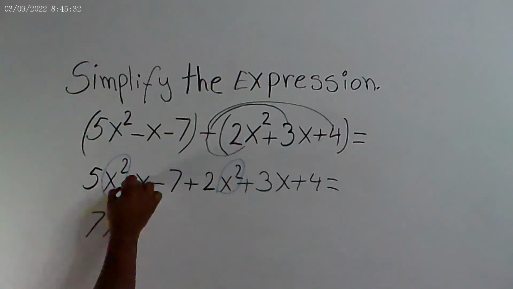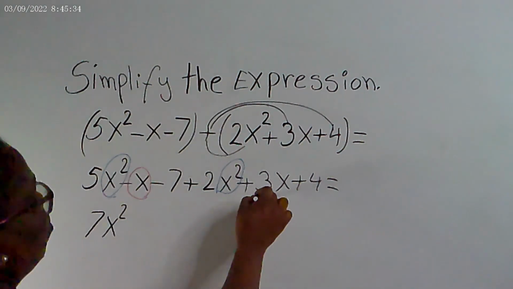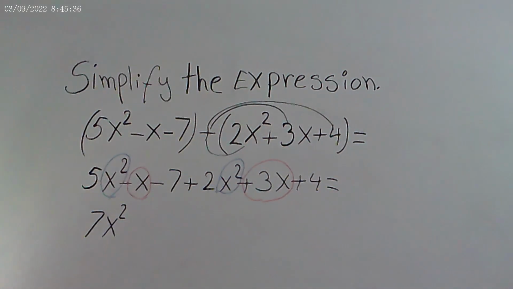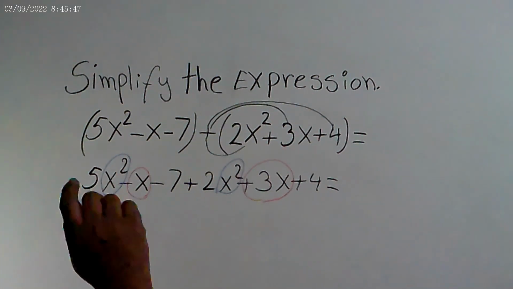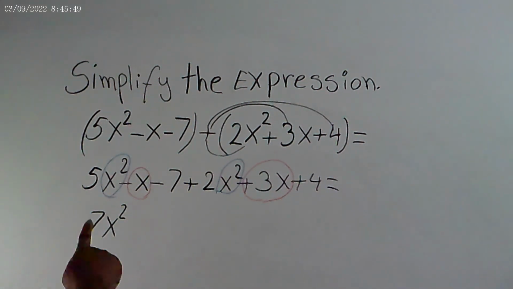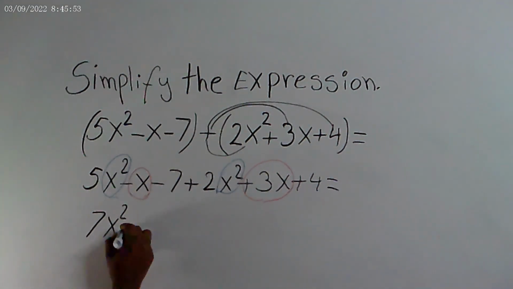You have minus x and plus 3x. The signs are different, so you're doing subtraction. You keep the sign of the biggest number, which is 3. You keep the plus sign because 3 is bigger than 1x. Okay, so you have plus.